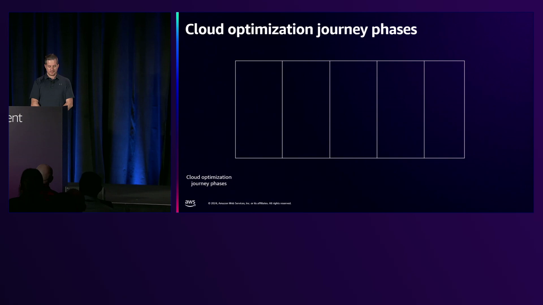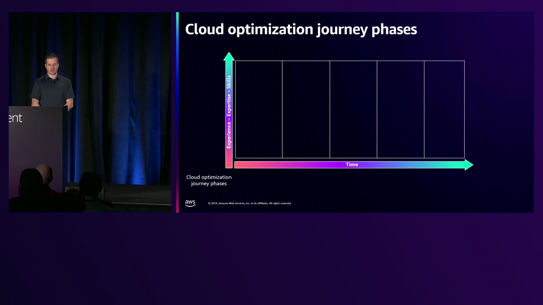So think about builders across your business, right? Maybe it's you in the room, maybe a couple of you are direct application owners, maybe some of you are from something like a cloud center of excellence, maybe some of you are here as business decision makers. The biggest part that we want you to take away from today when you think about cloud optimization is you have to bring all your builders along.